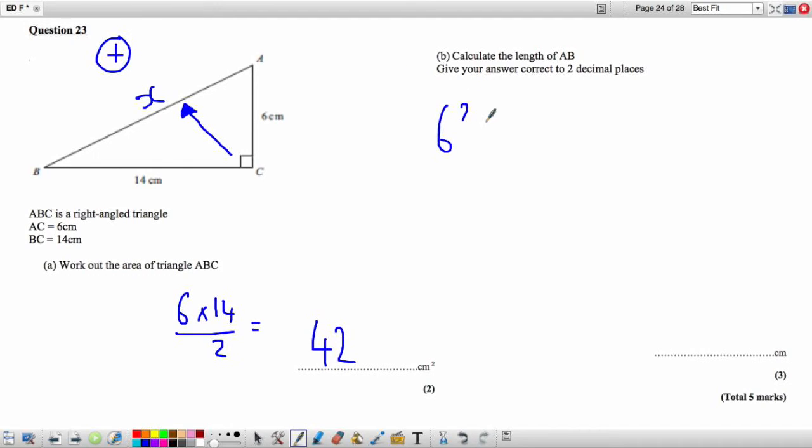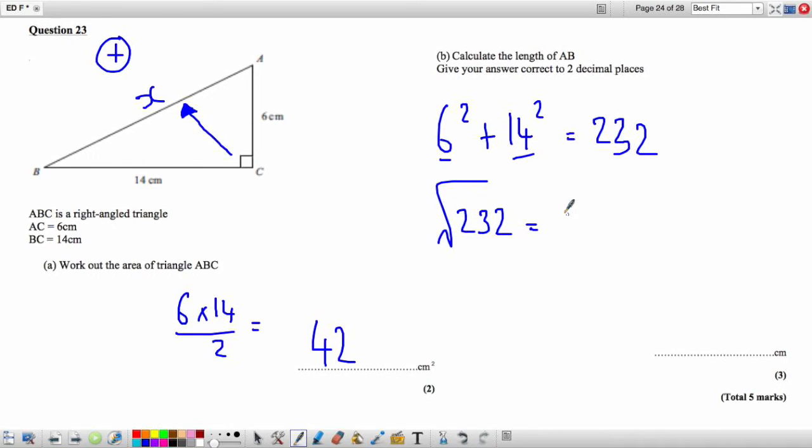So here we have our two sides, 6 squared and 14 squared, which gives us our total of 232. Square root of 232 gives us the value for the length AB, 15.23, correct to 2 decimal places.